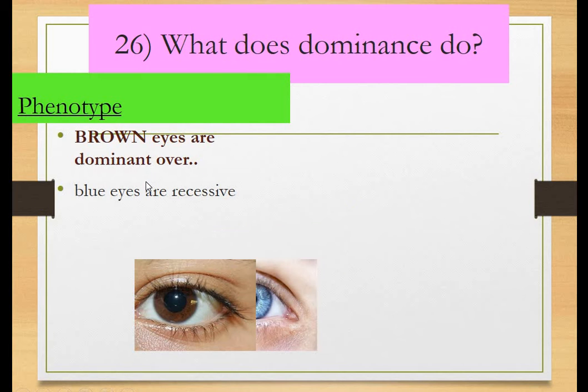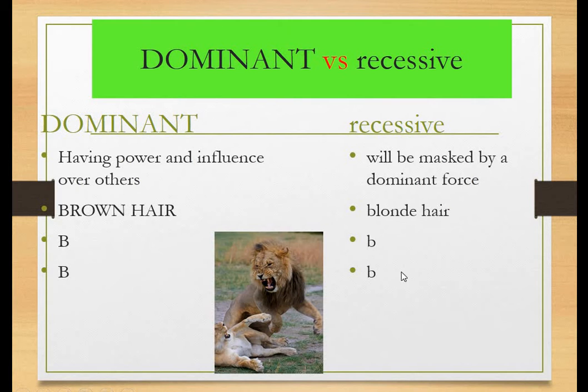And if some of them are more pale, or let's say blonde, and this is recessive, it's masked by the dominant gene, you cannot see it, then you're going to see a small letter. So this small b would represent blonde, the capital B would represent brown. So instead of writing the word brown or blonde, we'll just use letters to represent them.